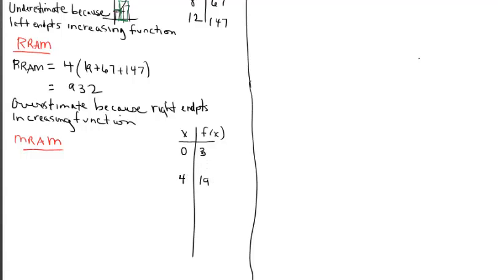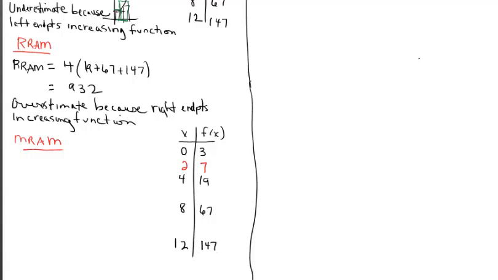But if we're going to use a midpoint, we can't use a 3, we can't use a 19. We need to use a value halfway between 0 and 4. So I'm going to put 2 here, and plug that in, and I'm going to get 7. Then we had 4, and then we had 8, and that was 67. And then we had 12, which gave us 147.